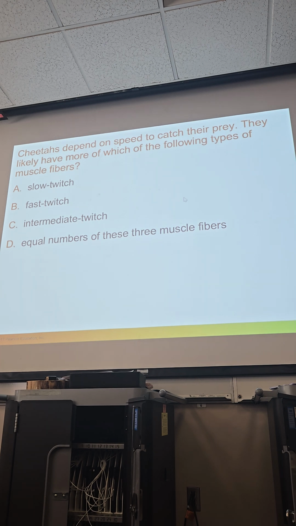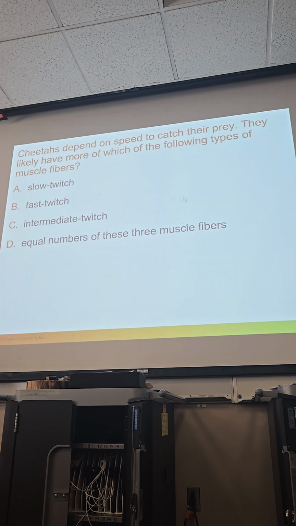All right, I'll give you a hint. It's definitely not slow. That eliminates 30%. What did you get? Cheetahs are not marathon runners.